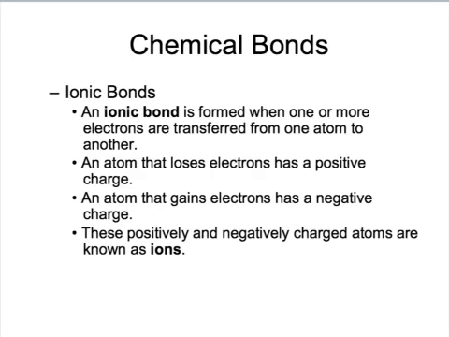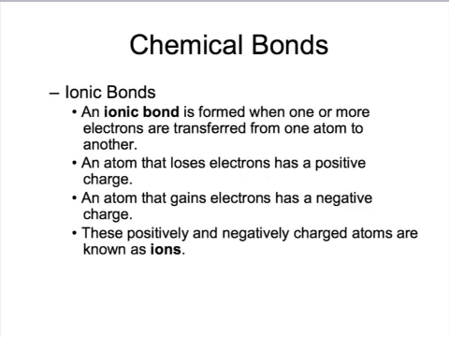Now, when this happens, the atom that loses an electron will become positively charged, because remember, an electron is negatively charged, and if you lose one electron, there are now more positive protons than negative electrons, leaving a net positive charge.